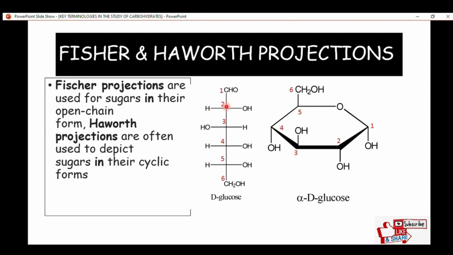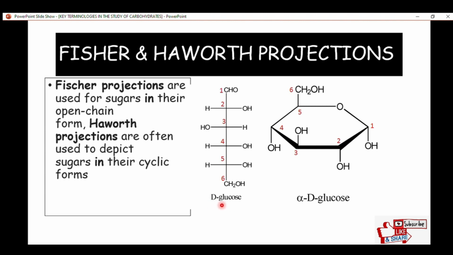This is a Fischer projection for you, and this is a Haworth projection. Haworth projections are often used to depict sugars in their cyclic forms. This sugar here is called D-glucose, and in no time you will learn why it is called D-glucose and L-glucose.